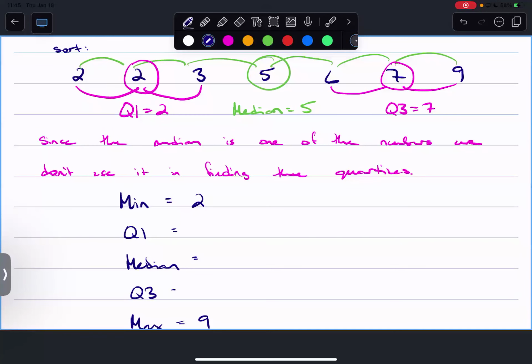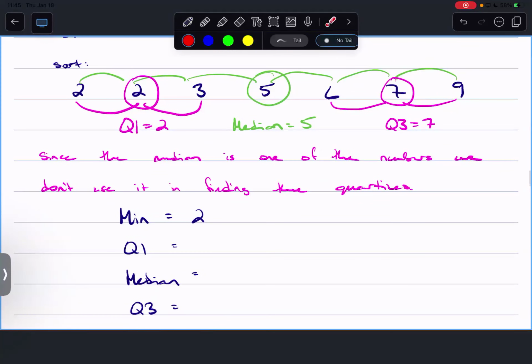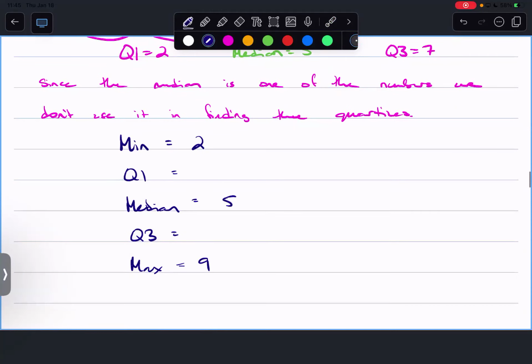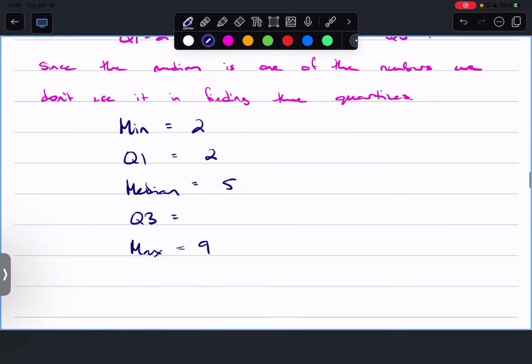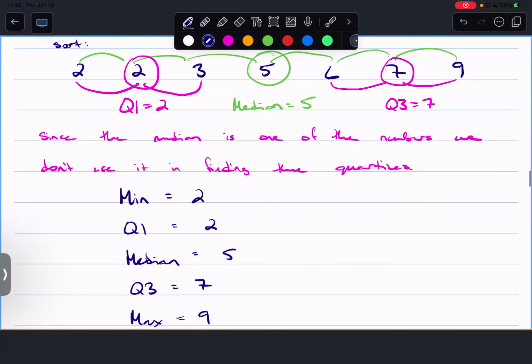And there have been times where I've been marking and the minimum and the maximum were left blank. What? Don't do that, okay? You can do it. I like to start at the median because it's the first thing that I found, but anyway. The median in this case is 5, and Q1 was 2, and Q3 was 7.